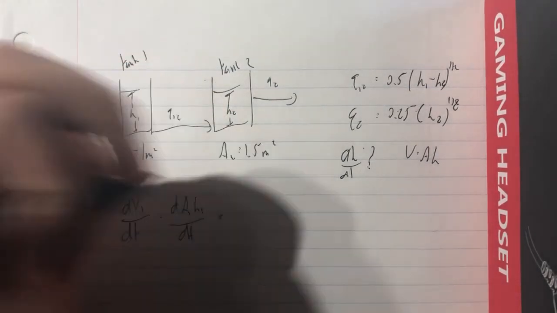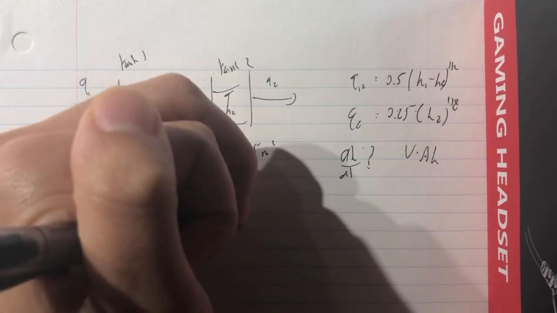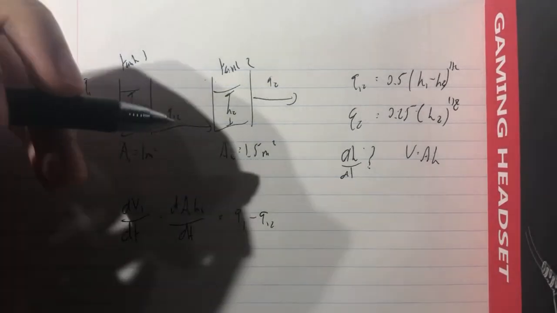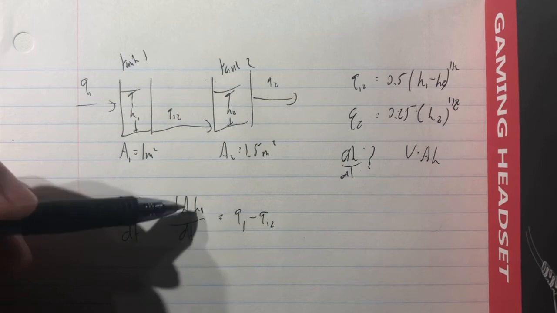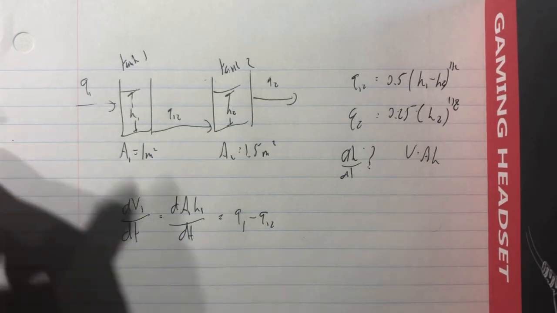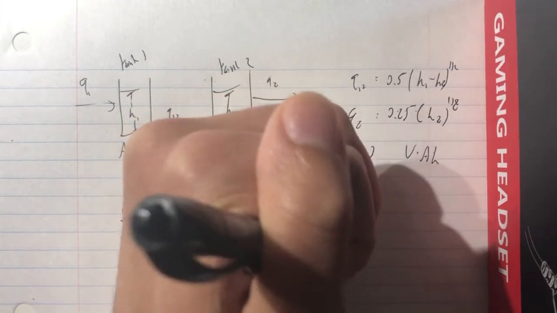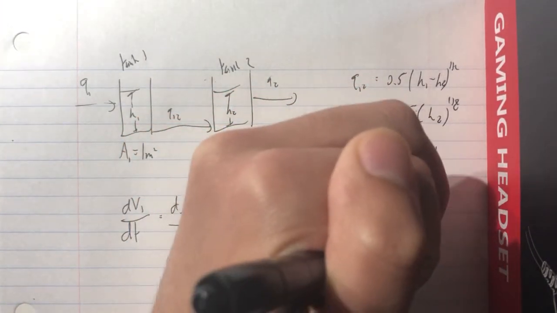And we know that this is equal to in minus out, so that's Q1 minus Q12. But since we know that A is constant, we can pull that out of the differential and divide it over. So we now have that dH1/dt is equal to (Q1 minus Q12) over A1.